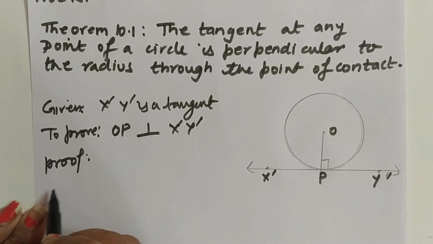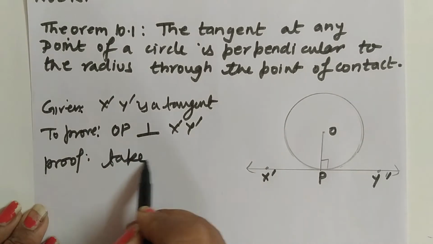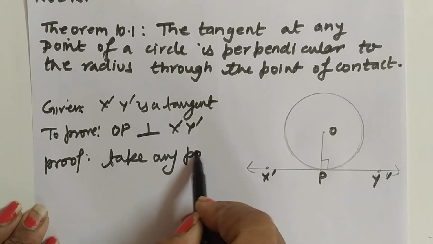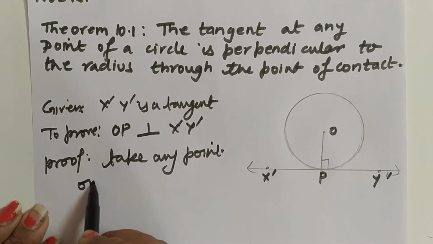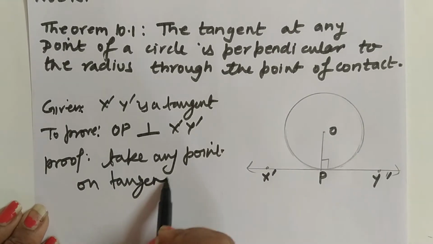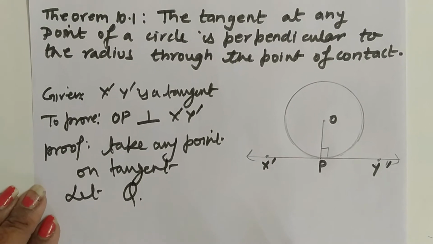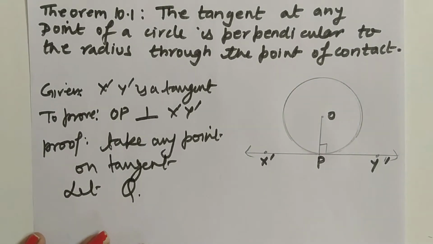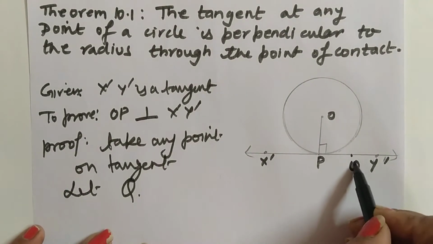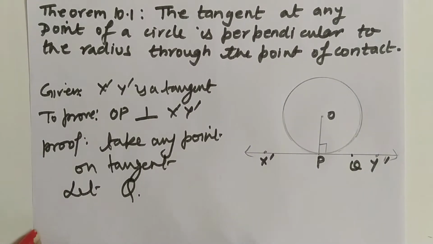First of all, we need to take any point on the tangent, let it be Q. So we have taken a point Q on the tangent.